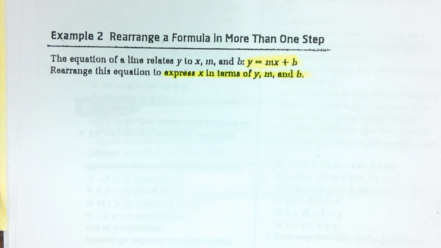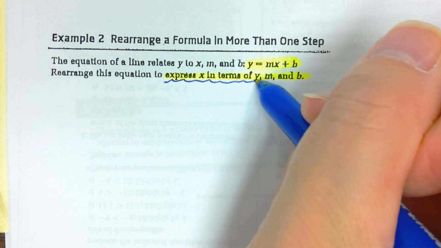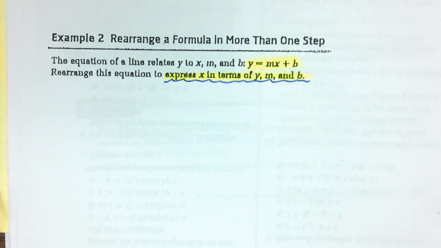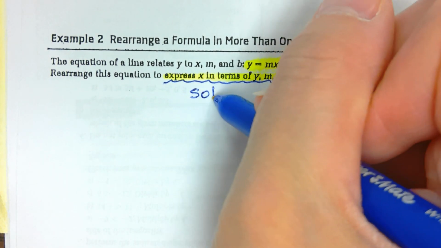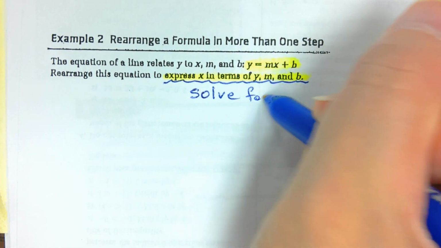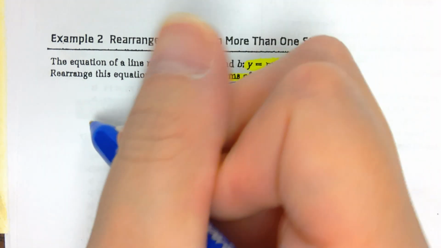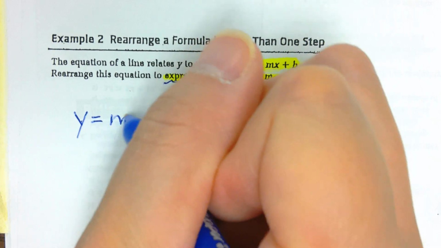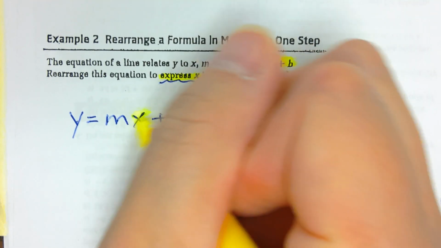So can somebody translate this sentence into English for me? What am I trying to solve for? Yeah, exactly. So this just means solve for x. Okay. So can you guys try this? y equals mx plus b. I want to isolate the x.